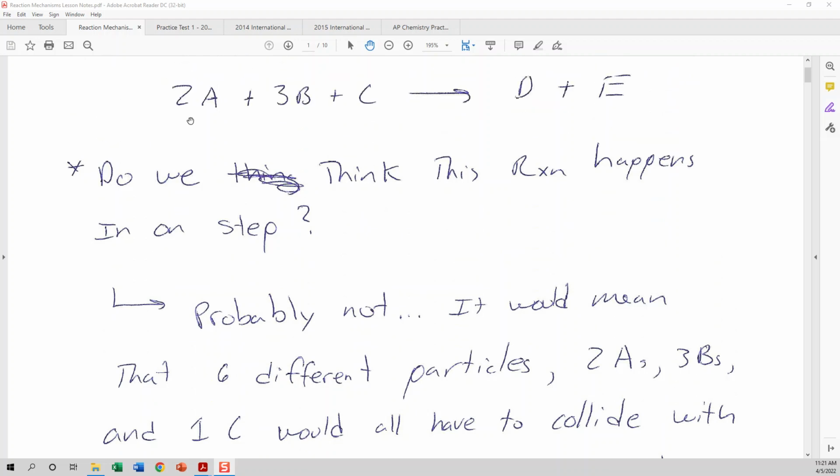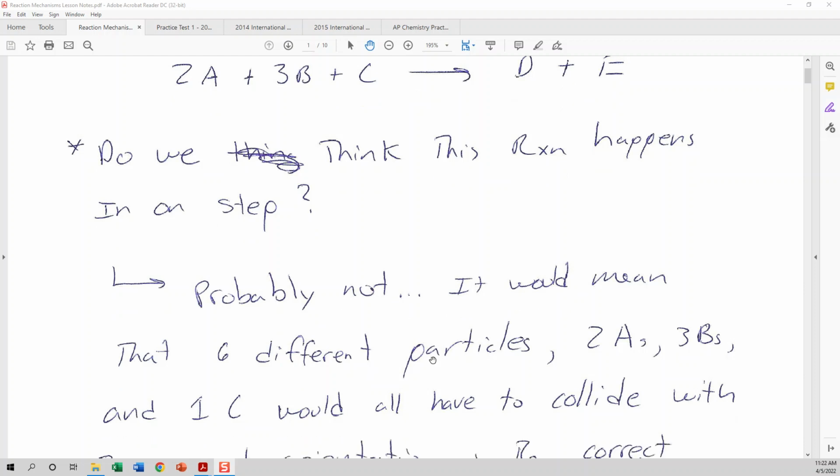We wouldn't expect this reaction to happen in one step, meaning that these are the collisions that occur to form D and E. The reason is that we have 6 total particles.